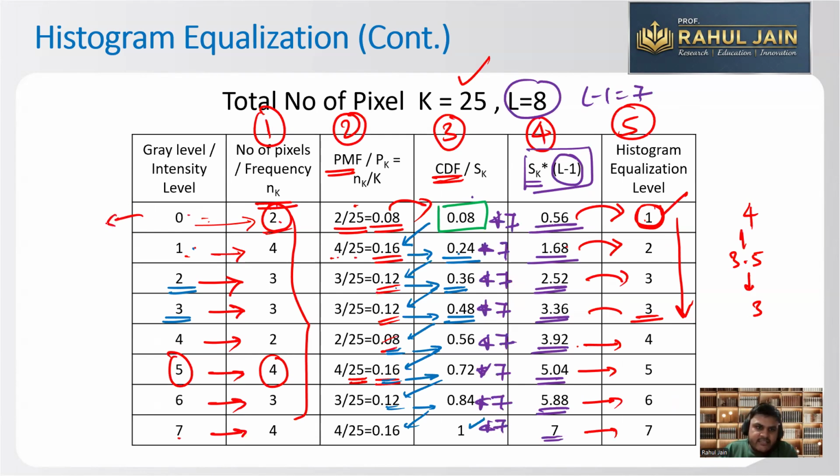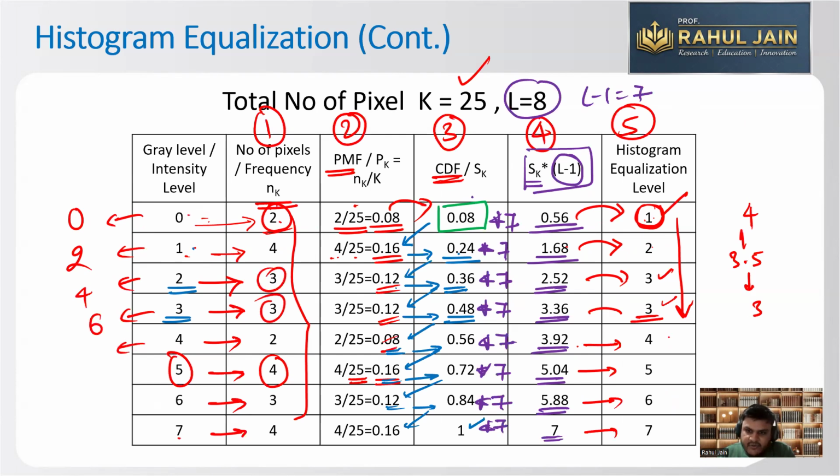So you can see here 1, 2, 3, 4, 5, 6, and 7. For intensity level 0, the frequency is 0. For intensity level 1, only original level 0 maps here, so that is 2. For intensity level 2, only original level 1 maps here, so the total frequency is 4. For intensity level 3, original levels 2 and 3 map here, so 3 plus 3, that is 6.